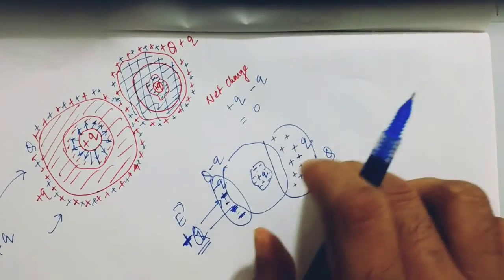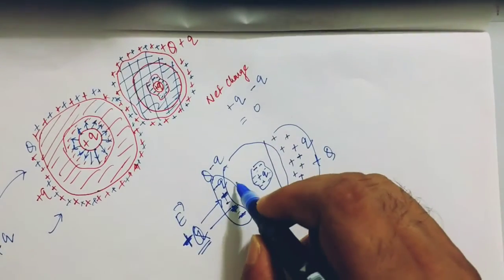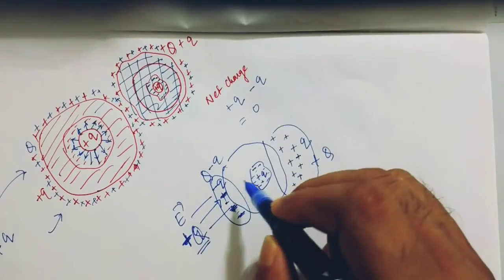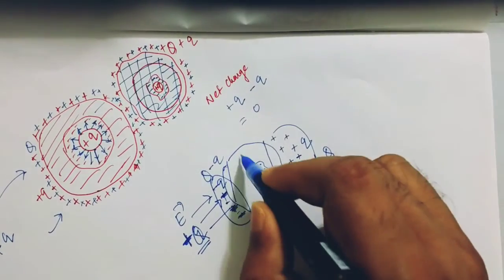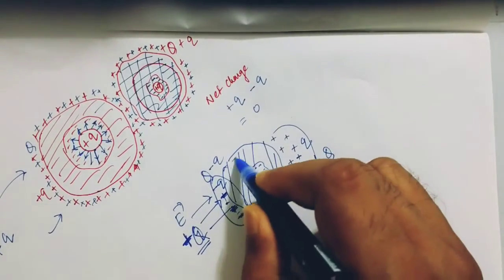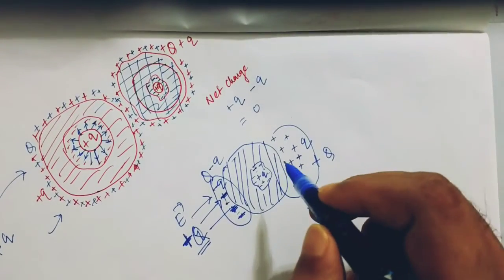So there will be electrical potential over there, but by no means will the field due to this affect or penetrate inside, because the electrical field inside a conductor body needs to be zero. It is the property of a conductor. So what does it mean?